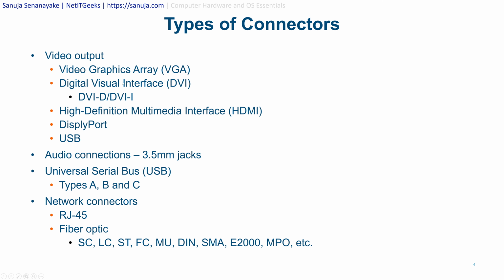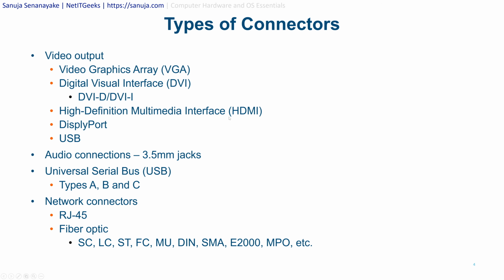As time went by, we came up with new video connector technology, including the Digital Visual Interface, known as DVI. There are different versions of DVI, such as DVI-D and DVI-I, which are the two most common types. And then we have the High Definition Multimedia Interface, also known as HDMI.